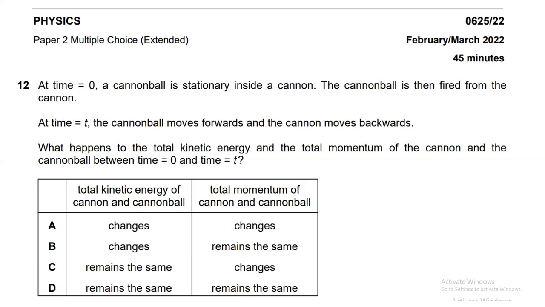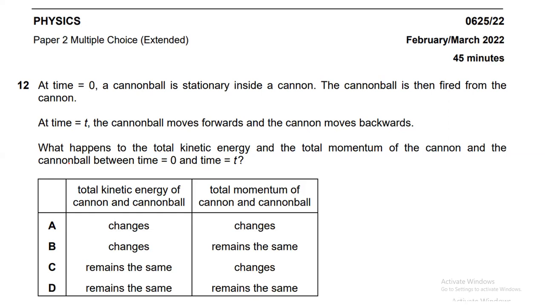So when the cannonball is fired, the total momentum of the system is 0. And before the fire, because the cannonball is not moving and the cannon is not moving, the total momentum is 0, and after the fire, the total momentum is 0.